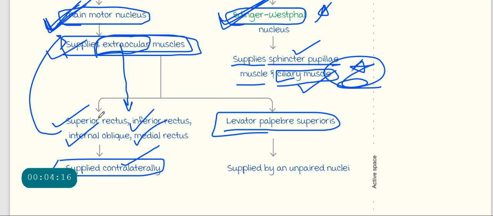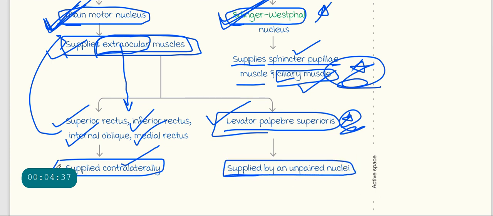Superior rectus, inferior rectus, inferior oblique, okay, and the medial rectus. And what else? The levator palpebrae superioris. And this is supplied by the unpaired nucleus, means there would be two individual nuclei for supplying these muscles. Okay, very easy and very important point over here.